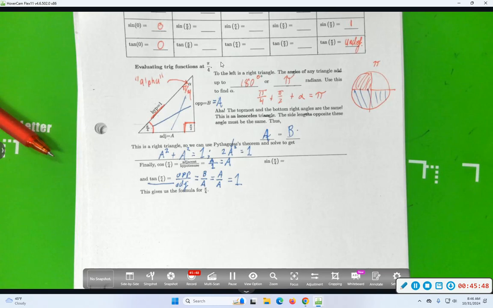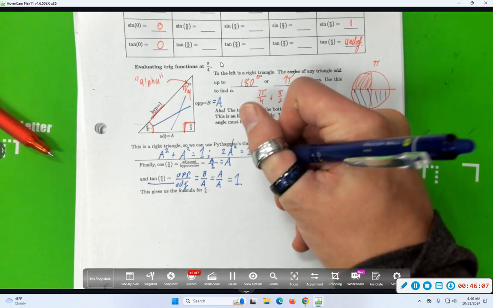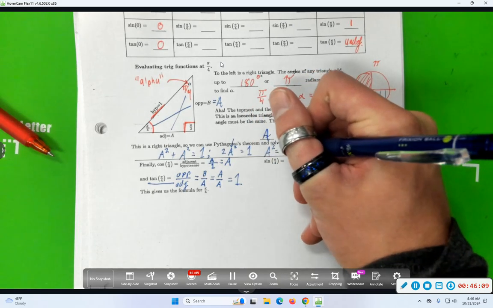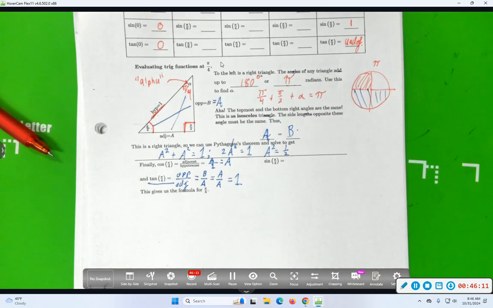Whenever you get yourself into that situation, you should think to yourself, I want to undo everything I do to A, but in the opposite order. So in this case, you start with A, you square it, then you multiply by 2. I need to undo multiplying by 2 first. What undoes multiplying by 2? Divide by 2? Ooh, so A squared is 1/2.